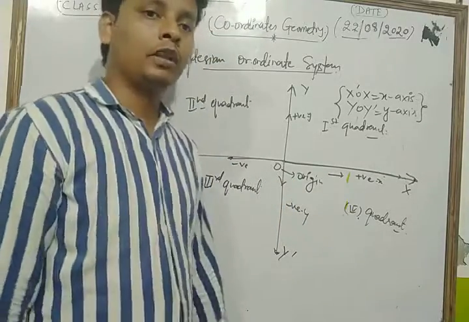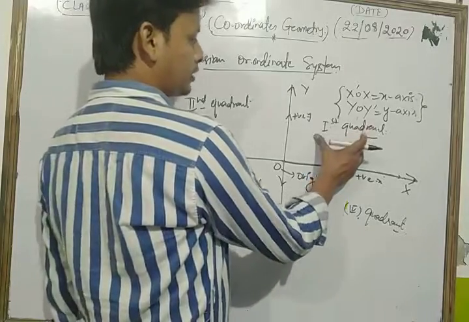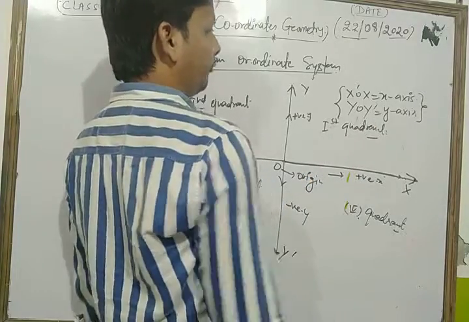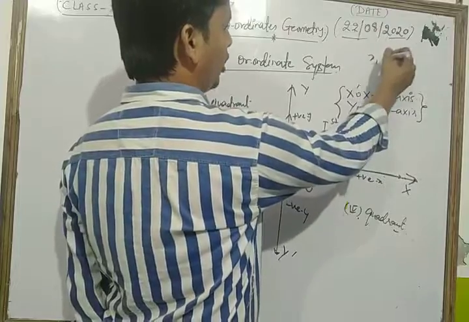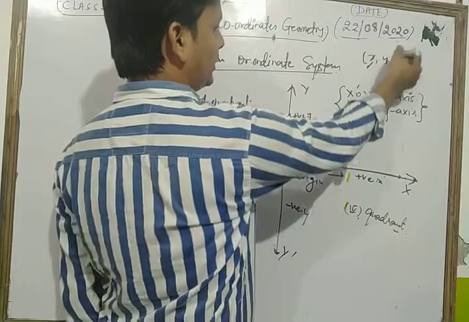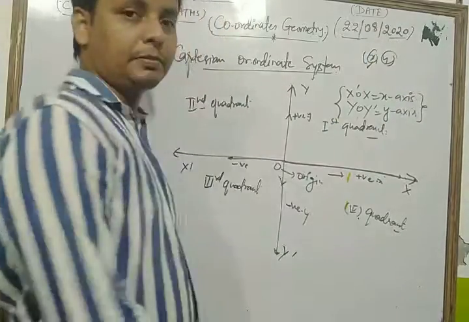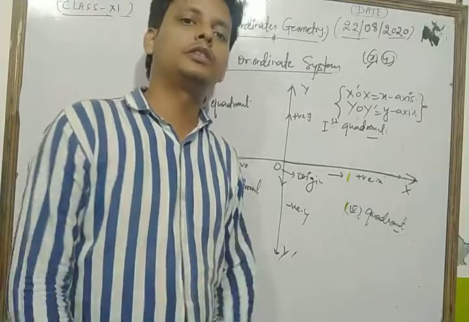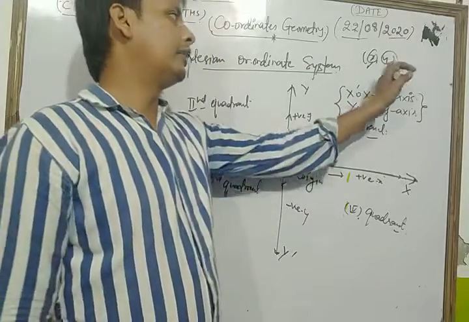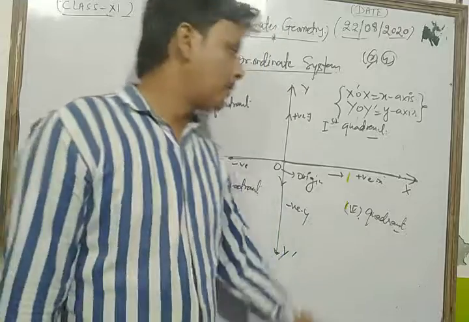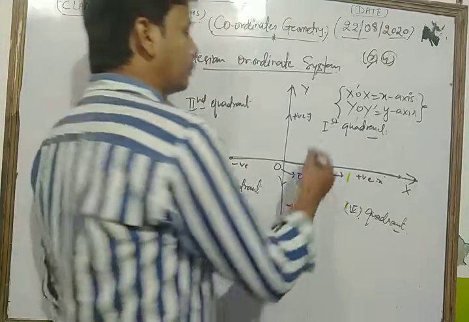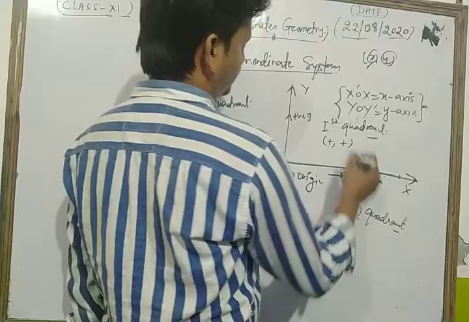In the first quadrant, the coordinate is written in the form (x, y); x is called the abscissa and y is known as the ordinate.